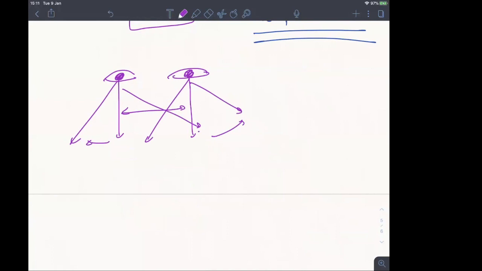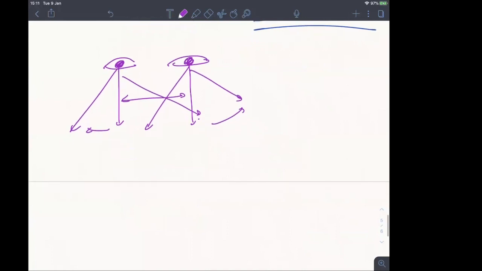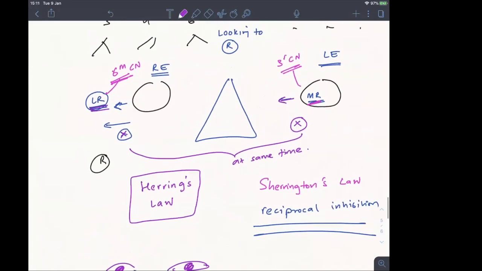The only time these parallel rays will split is when you have convergence. When you're looking at the tip of your nose, that angle will change. Otherwise, everywhere else that you're looking, both your eyes are moving at the same time in the same way. And this happens because of Hering's law.